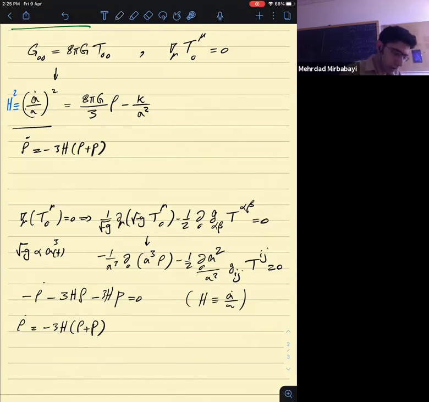So these two equations are basically all of the dynamical equations that we need to solve. All of the Einstein equations are reduced to these two equations, and are derivable from these equations and their derivatives. So we don't need to actually derive any other equation. We can just take the derivatives of these.